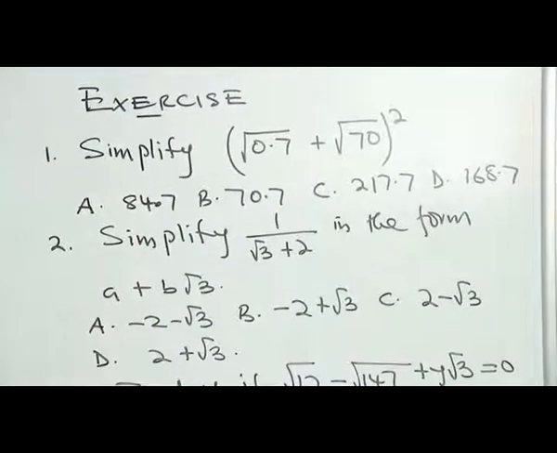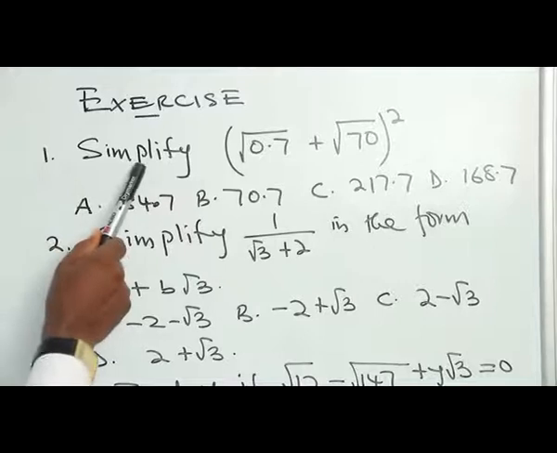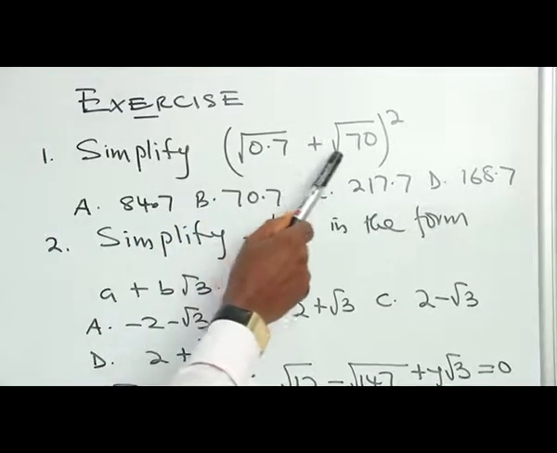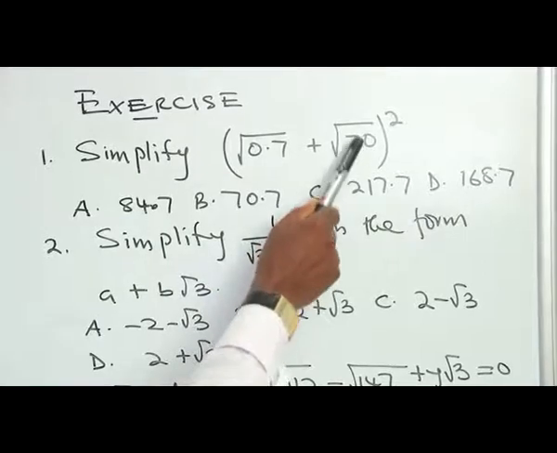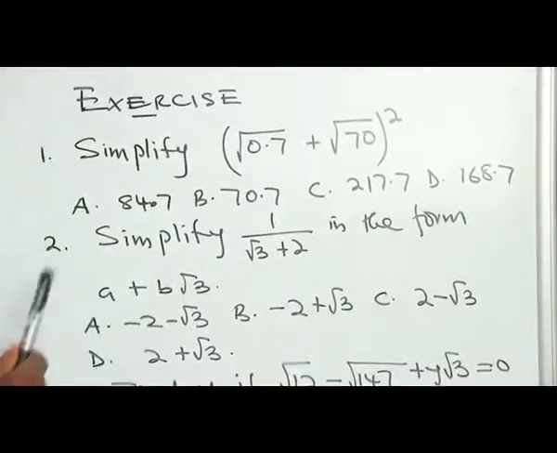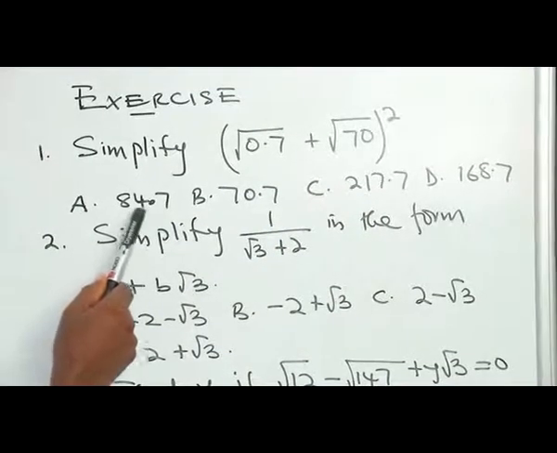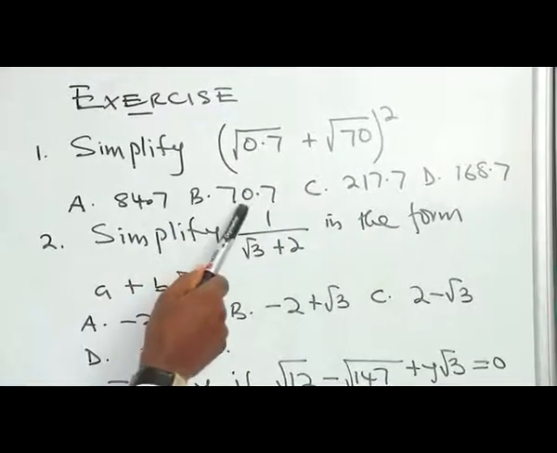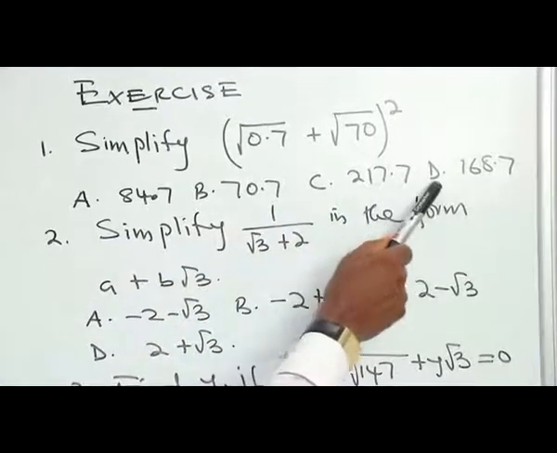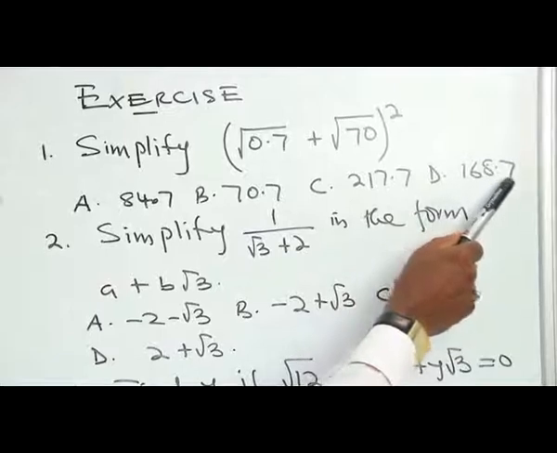Exercise. Number 1. Simplify 0.7 under square root plus the square root of 70, bracket open and closes, all squared. And then you have the options A, 84.7, B, 70.7, C, 217.7, D, 168.7.